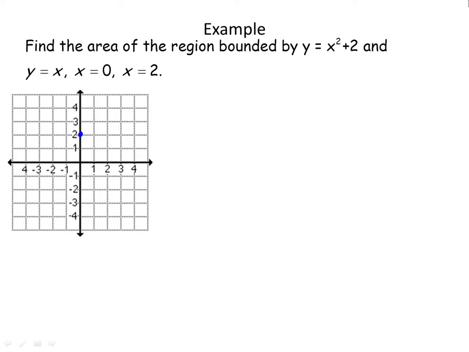And then if I plug in 1, I should get 3. And if I plug in negative 1, I should get 3. If I plug in 2, I should get 6? So that's going to be way up here. And negative 2 is going to give me 6 also. All right, so here's your parabola.